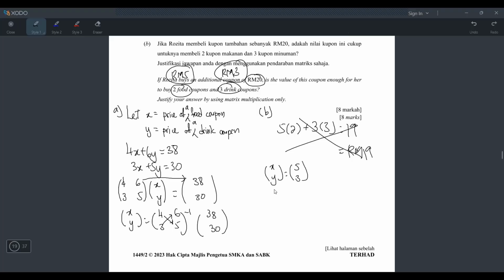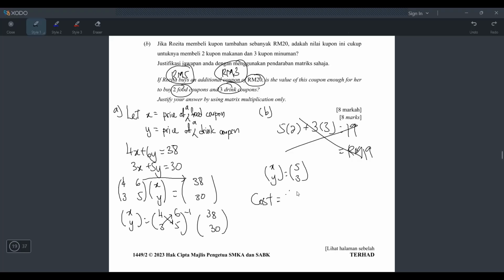So if you want to get the cost, or you can write price also.